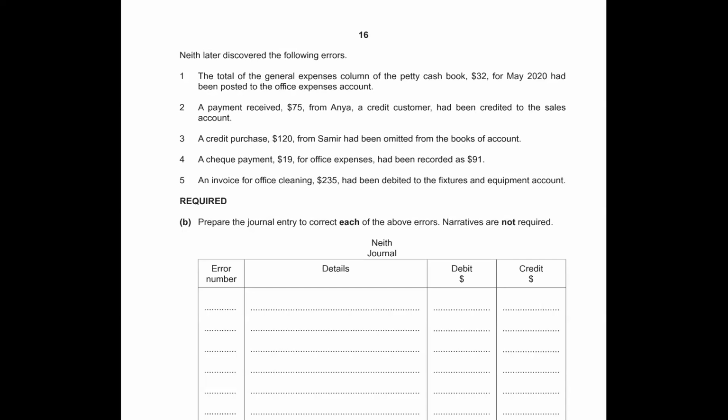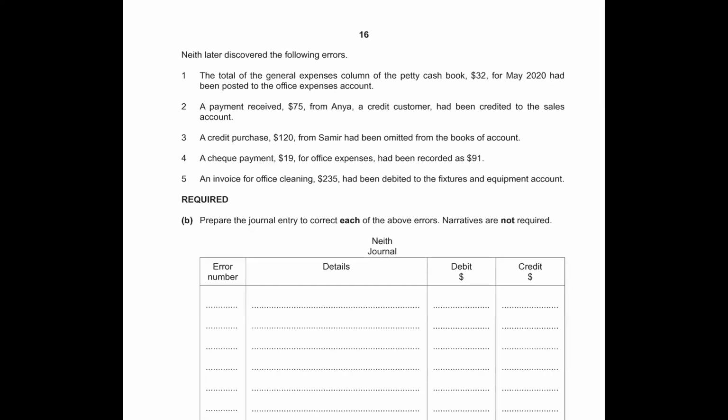What is required of us is to prepare the journal entries to correct each of the following errors. The narratives are not required. So in short, we're just supposed to create the journal entries. No need of narrations of any kind.